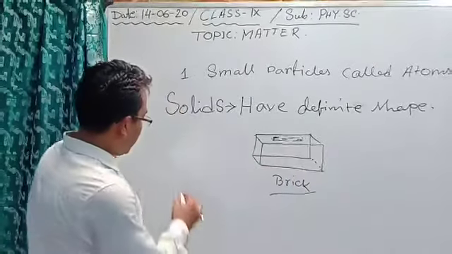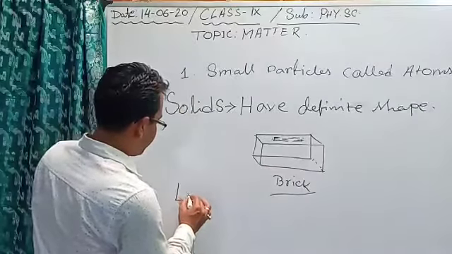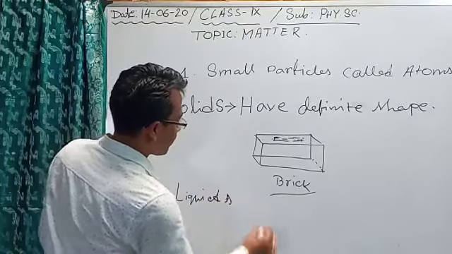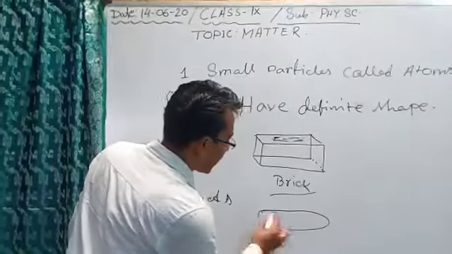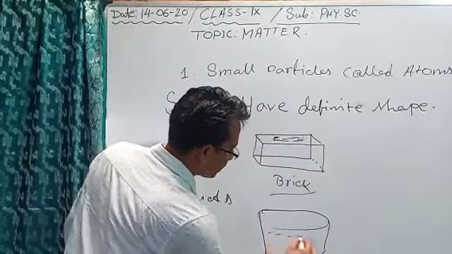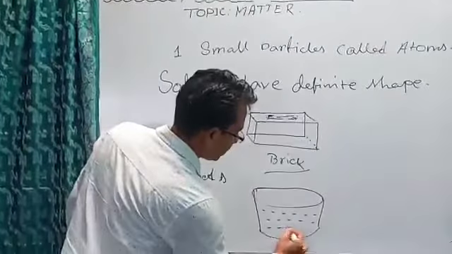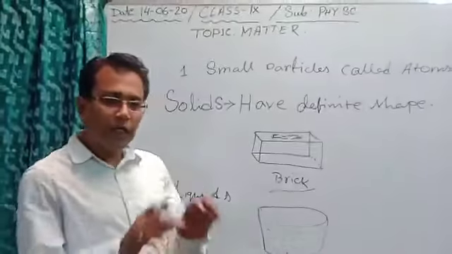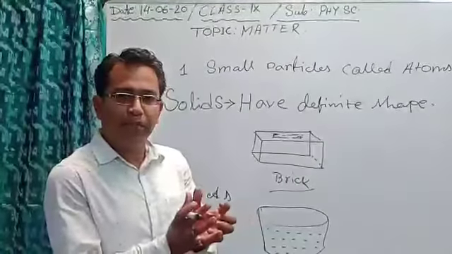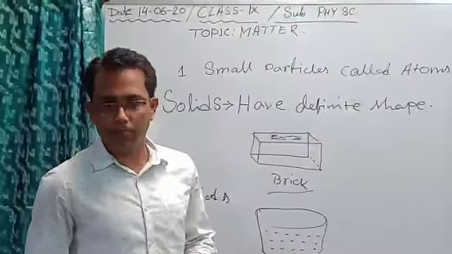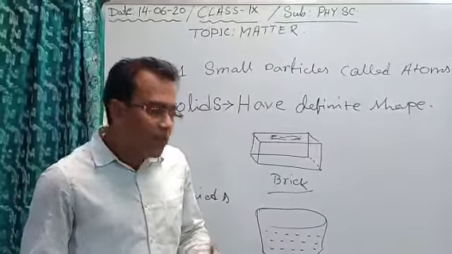Now, liquids. If you take a glass of water or a bucket of water, as atoms are very loosely packed up in it, liquid has no definite shape, such as water.